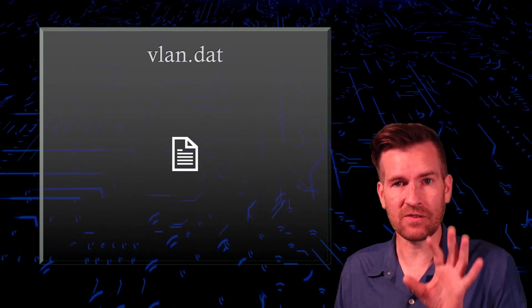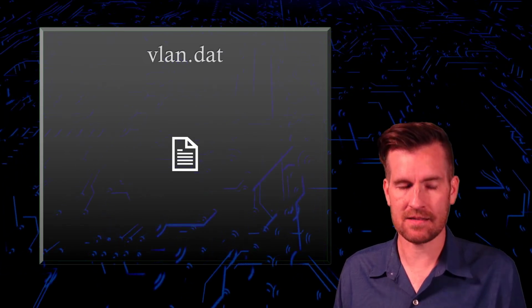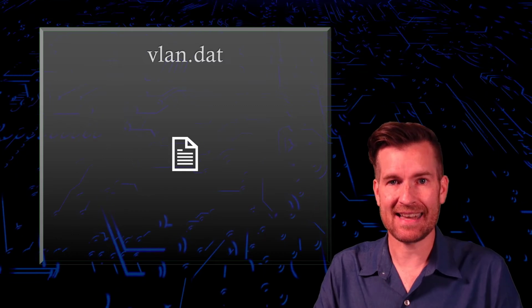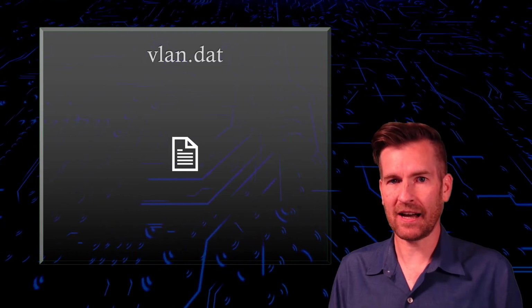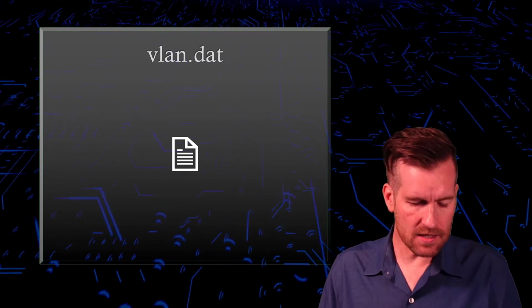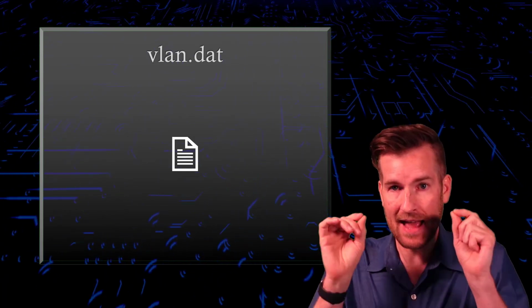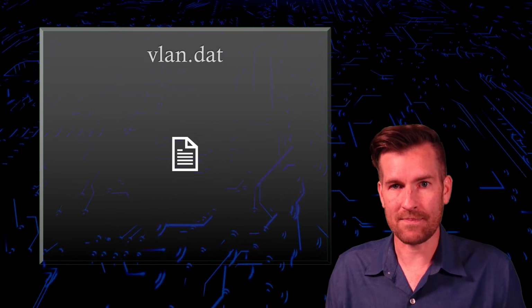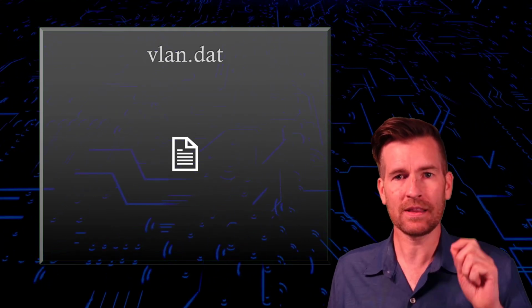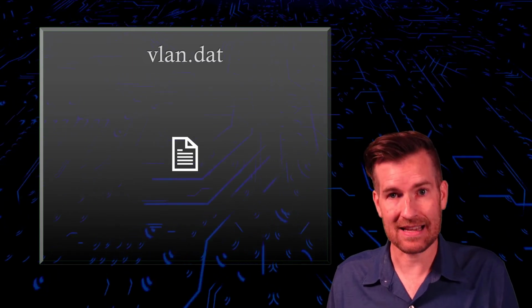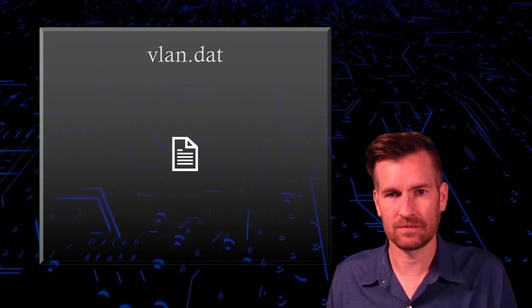But for most of your VLANs that you would be setting up on these devices, that information goes into the VLAN.dat file. And so it's a separate file. So if you are wiping a switch, you have to go in separately and delete that VLAN.dat file to wipe that switch. So that's where the information for most of the VLANs is stored, inside this VLAN.dat file.